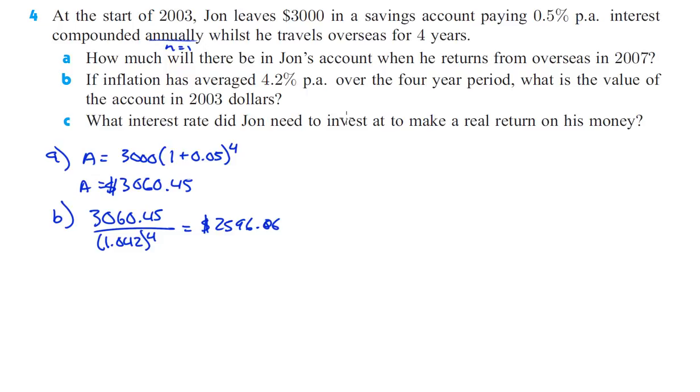So for part C, he needs an investment that's more than 4.2% per annum. Since this is compounded annually, and he only got 0.5%, he needs 4.2% just to break even, and if he's getting more than 4.2, then he's going to actually make a positive return on his money.